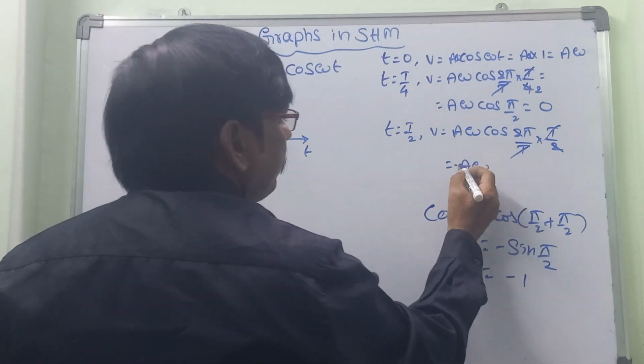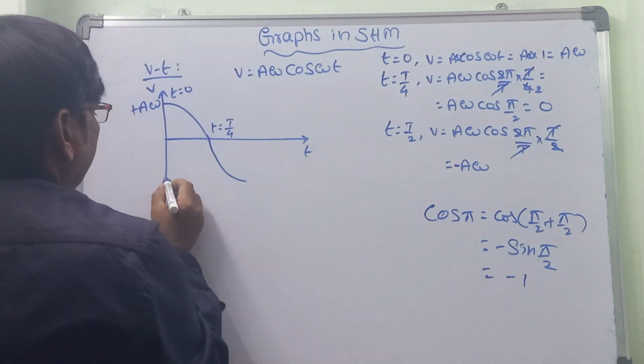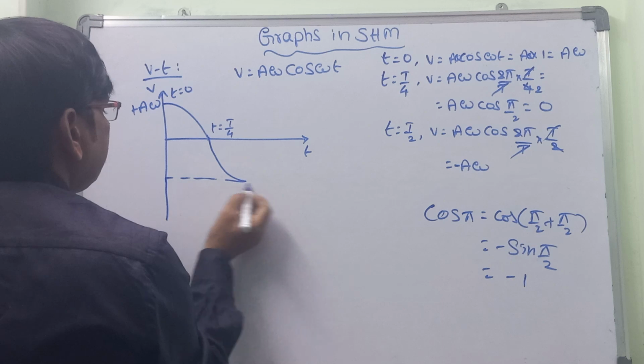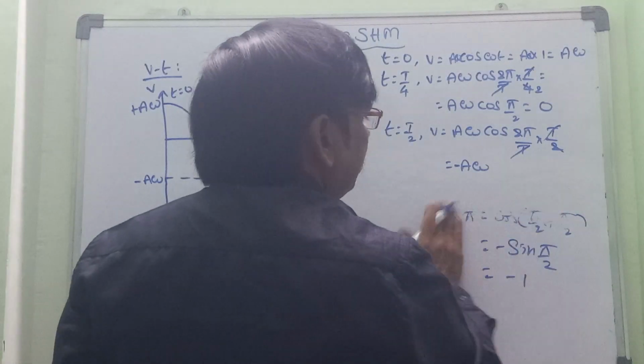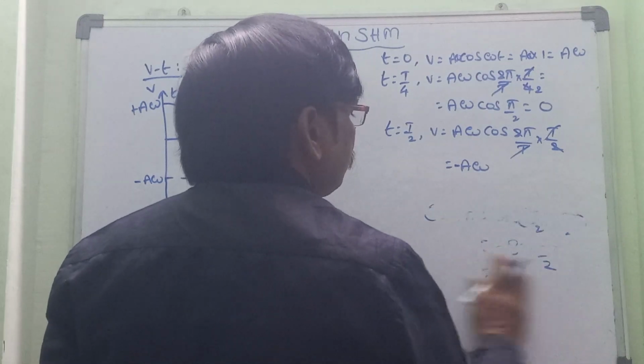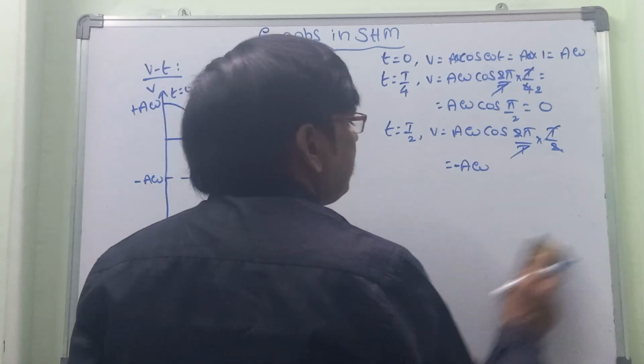So minus aω will come, so it starts traveling towards this side, and here we can consider this is minus aω.